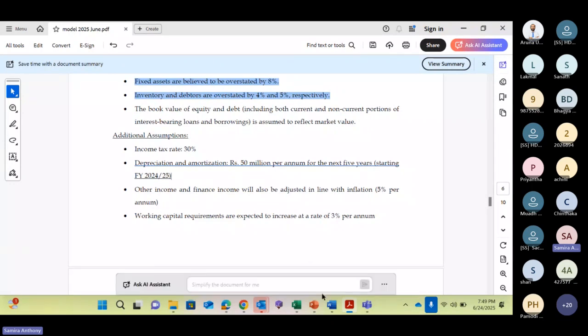Clear? Yes, sir. Then the free cash flow to the firm is entitled to all debt holders and equity. Therefore, no need to consider interest expense deducted from EBIT when considering the tax payment.